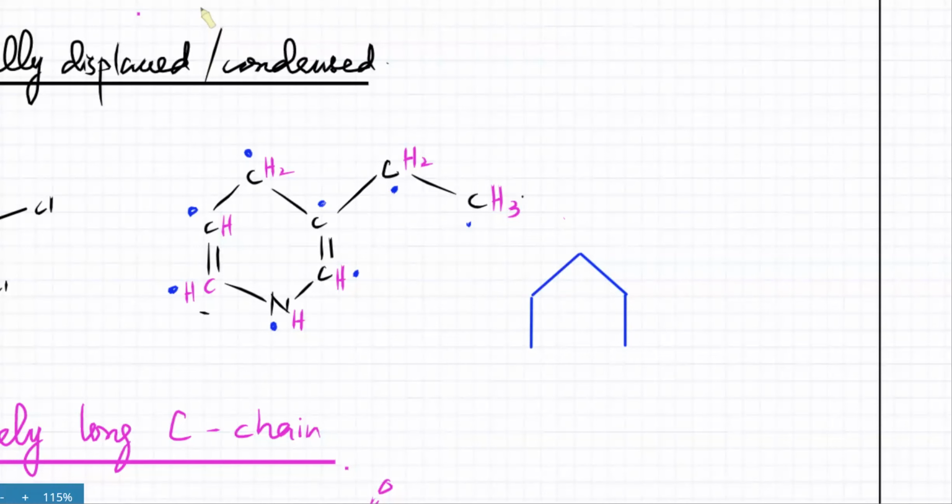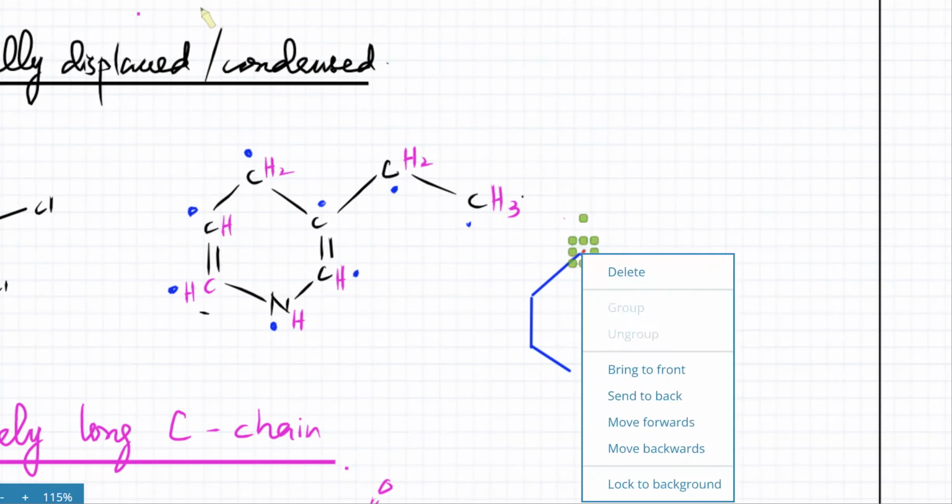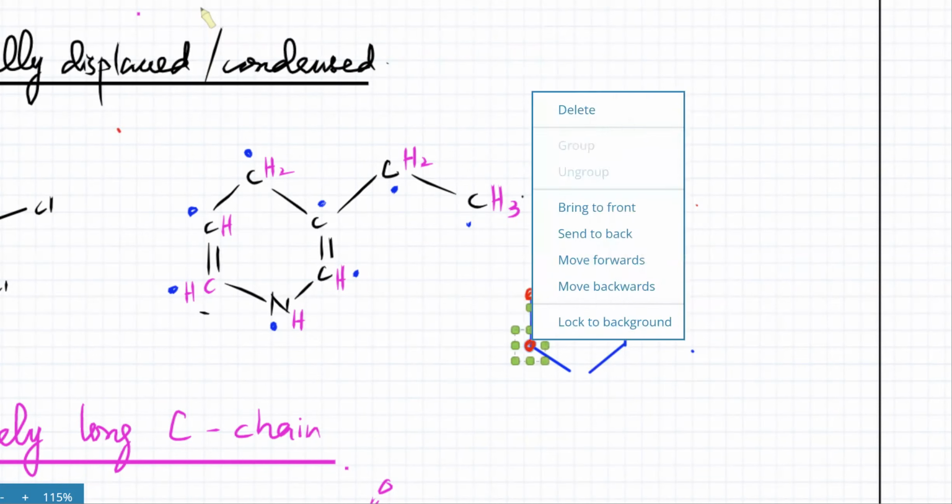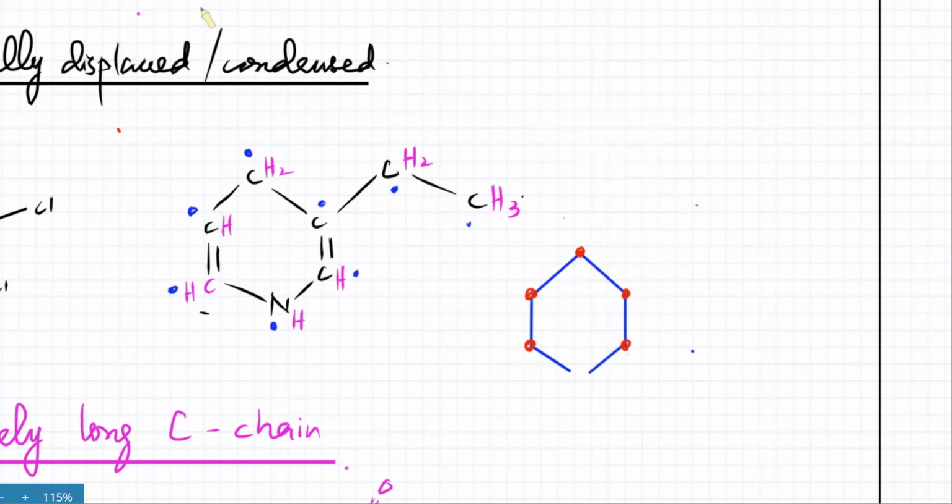So if I draw this, that's 1, 2, 3, 4, and 5. And then there's going to be an N at the bottom.